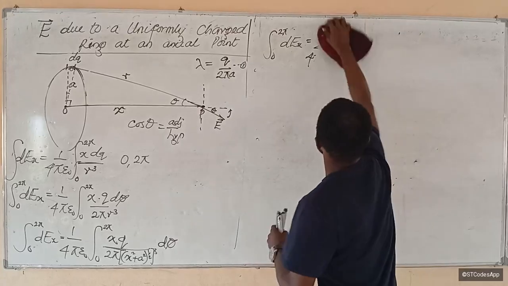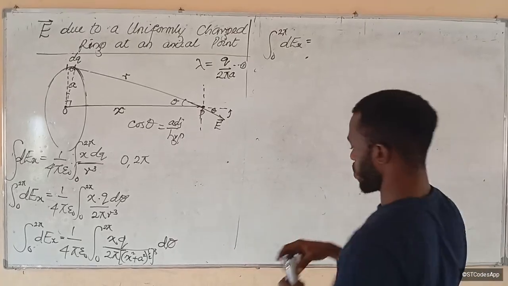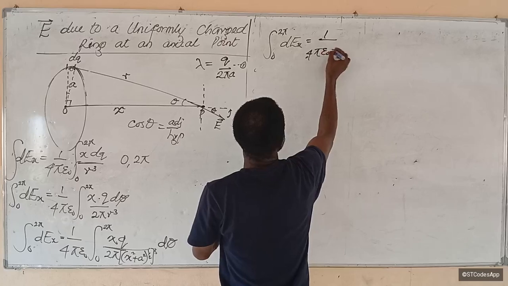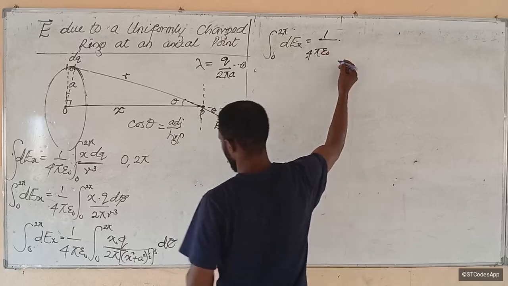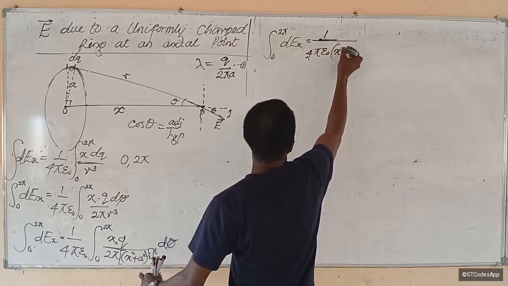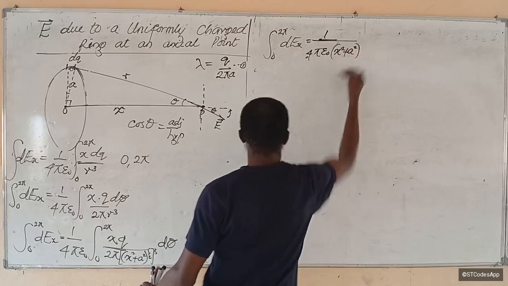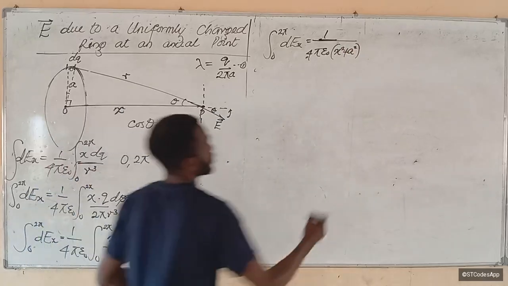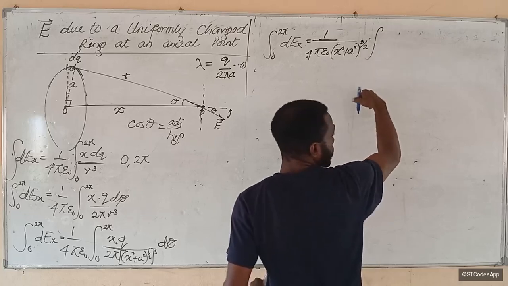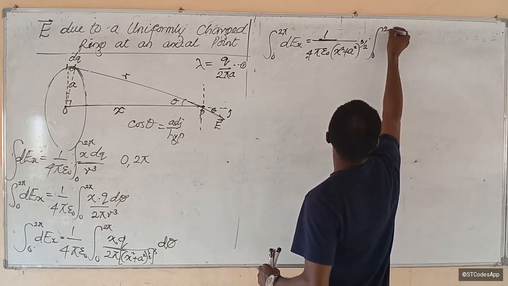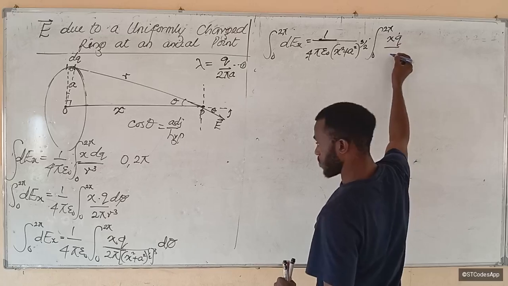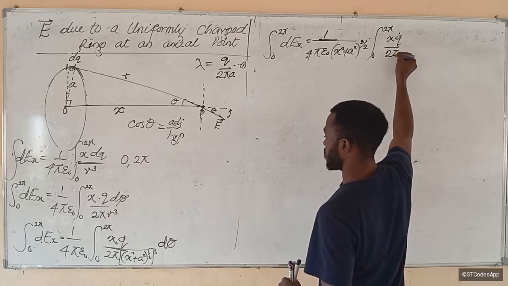If we bring it to this side, it becomes 1 over 4 pi epsilon naught into bracket x squared plus a squared. This multiplies half to give us 3 over 2, then the integral between 0 and 2 pi of x cubed over 2 pi.